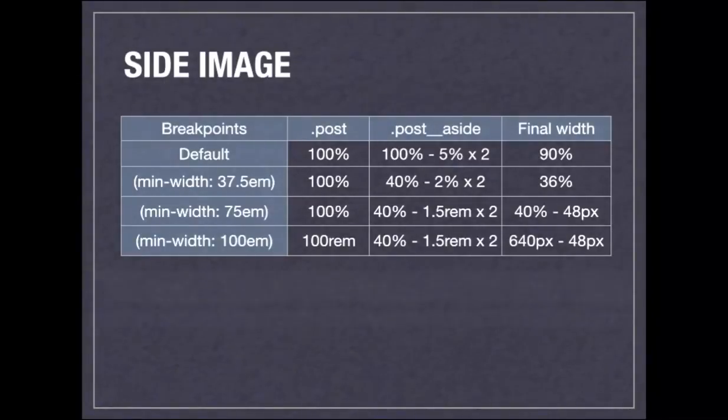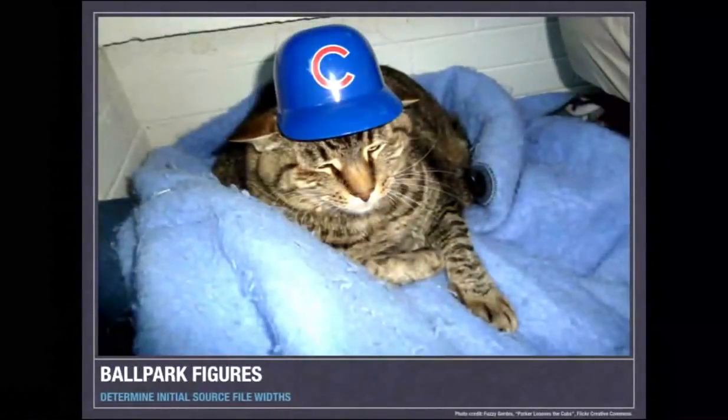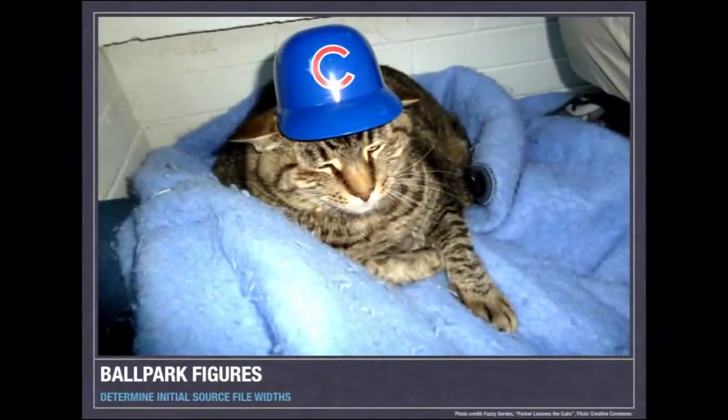So it's 40% wide minus 48 pixels, and then we cap it at 100 ems, and we can just do that math and say, all right, 100 rems, that's 1,600 pixels, times 40%, that's 640 pixels, and then we have our fixed padding that we're subtracting from each side. So it's really fun math, but it works out.